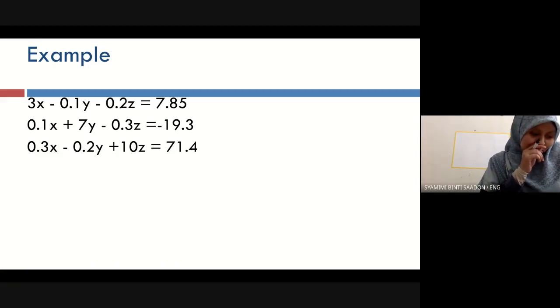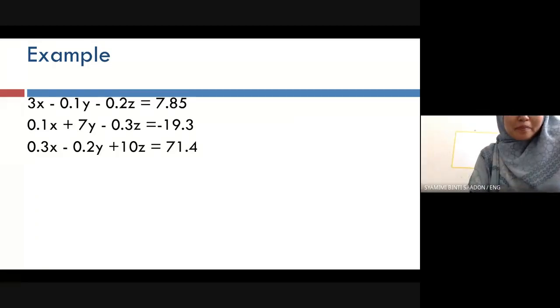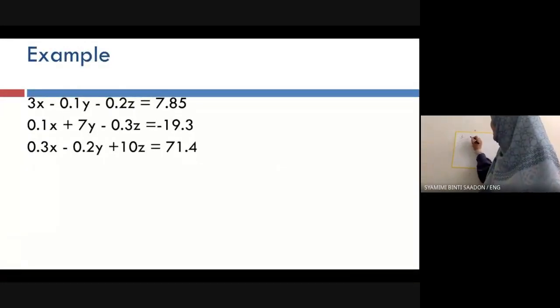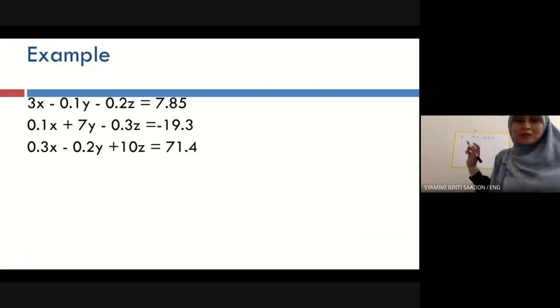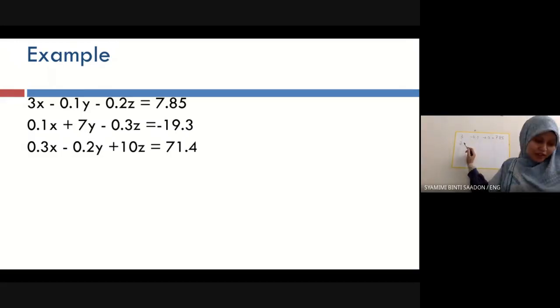So if you, let's take just now, you have the first line 3, minus 0.1, minus 0.2 equals 7.85. We try to get 0 in row 2 here.